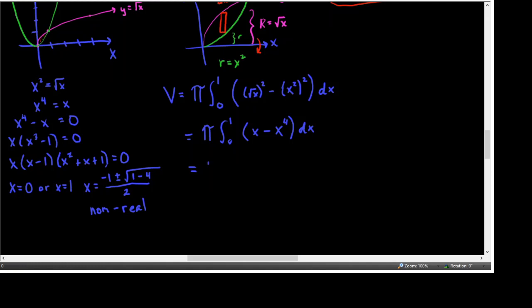Okay, now once you get that far, this should be easy. The antiderivative of x is x squared over 2, which I'm going to call 1/2 x squared. The antiderivative of x to the 4th is x to the 5th over 5, which I'll call 1/5 x to the 5th. Evaluated from 0 to 1. Then I'm going to start by substituting in 1. The upper bound goes first.